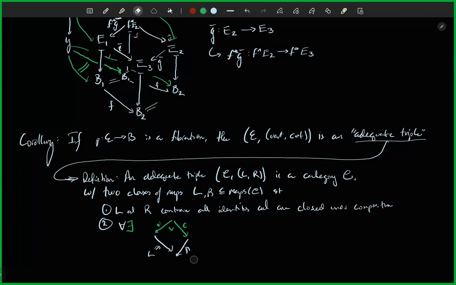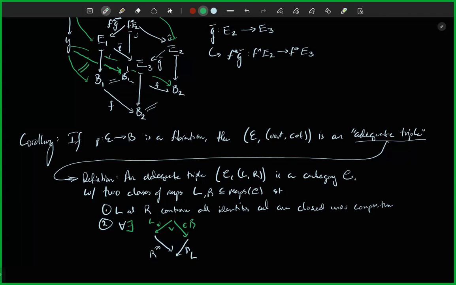It doesn't make a difference, but it sort of does. I just can't remember my lefts from my rights. This one points left, so it's an L. This one points right, so it's an R. It doesn't really matter, but okay, here we go.